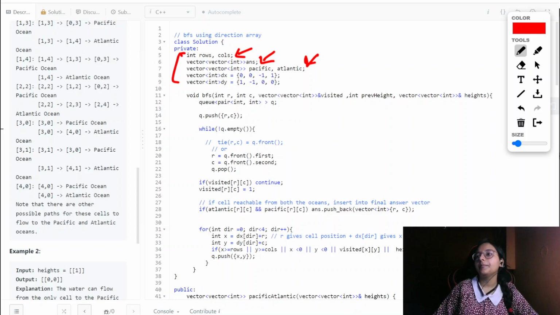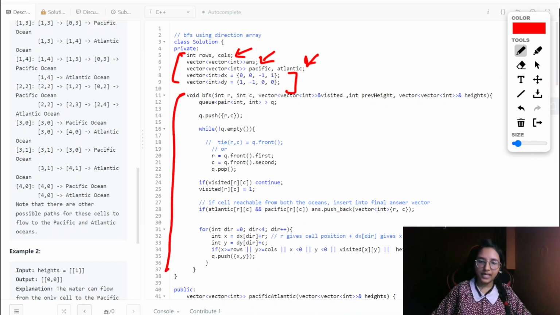I will require both of them for checking the intersection, so that's why I've declared them global already. And this is for checking in all 4 directions, so that's why I'm taking this. And now comes my BFS part.